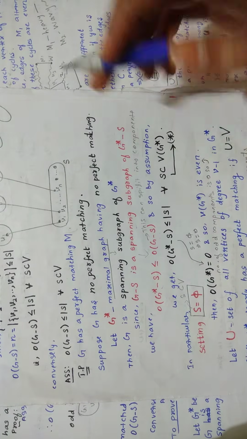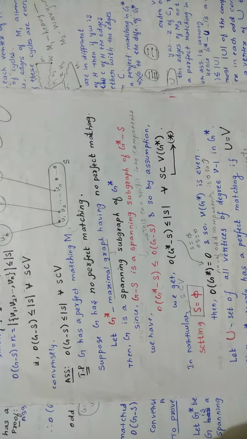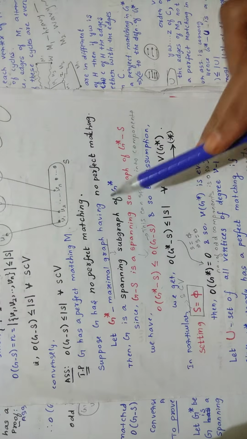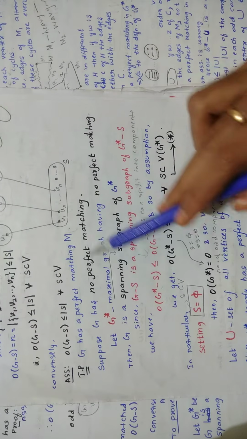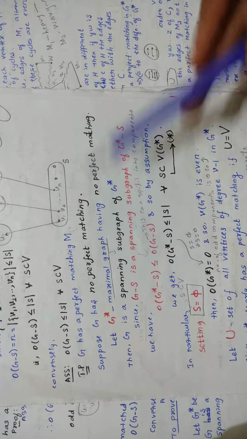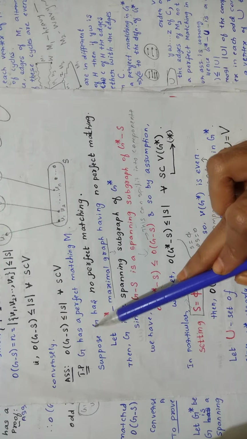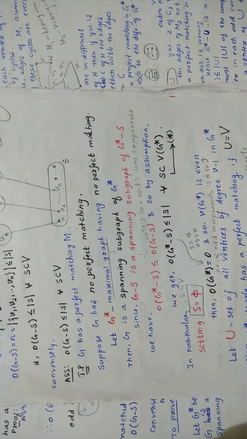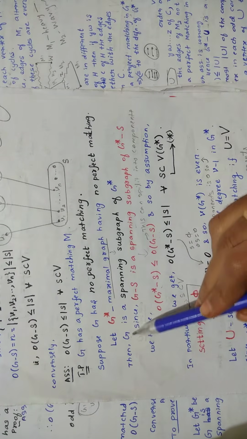Both have no perfect matching, but of these two graphs, G star is the maximal graph. That is why, from these two lines, you can say G is the spanning subgraph of G star.